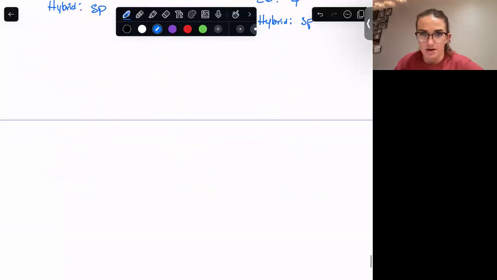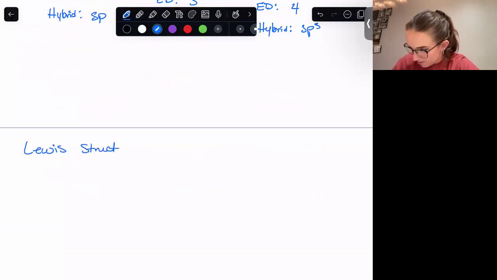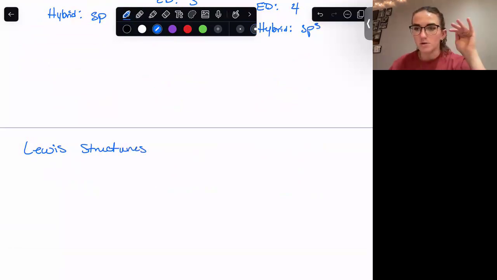Okay, and then we talked about Lewis structures. When we look at Lewis structures, this is going to give you a visual representation of what your molecule is going to look like.